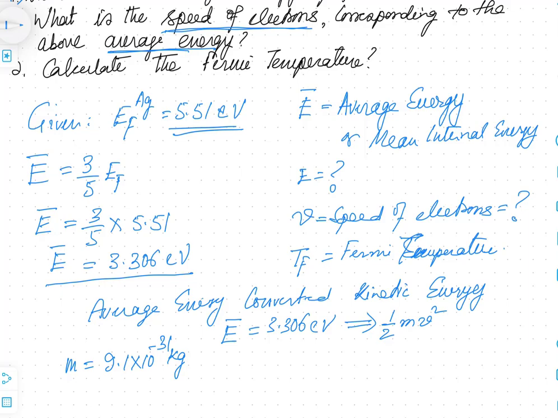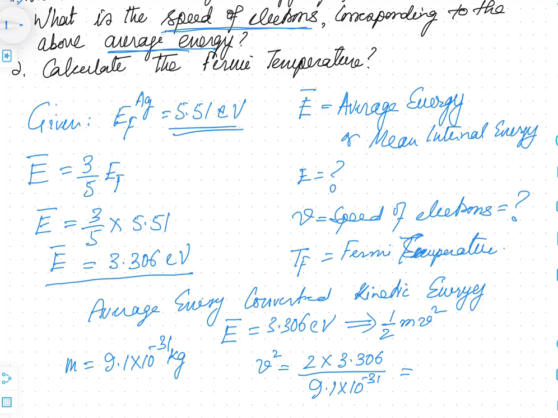So if I substitute the mass, I can calculate the speed of electrons, v. So v square is equal to 2 into average energy, that is 3.306, divided by the mass of electron, 9.1 10 raised to minus 31.